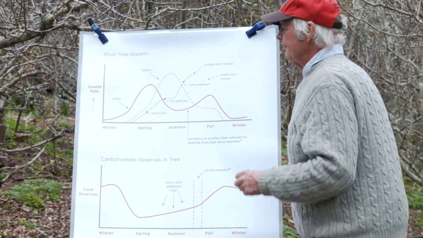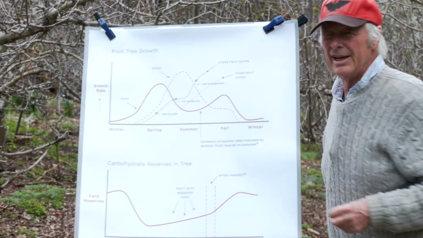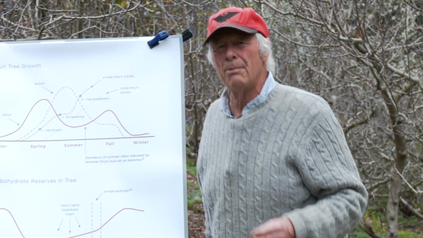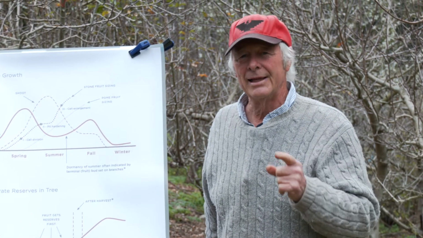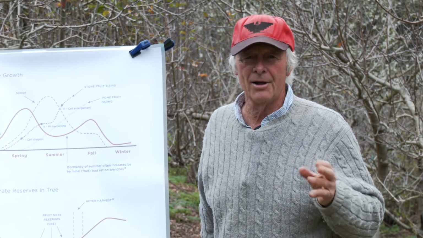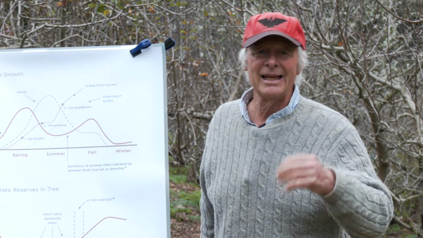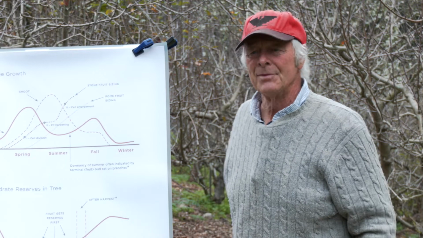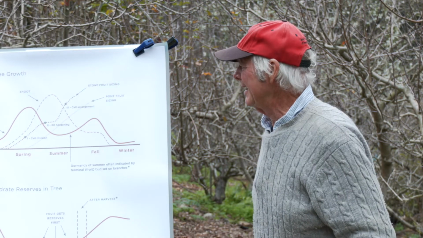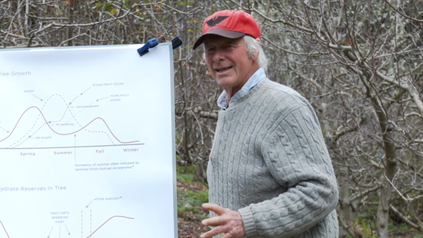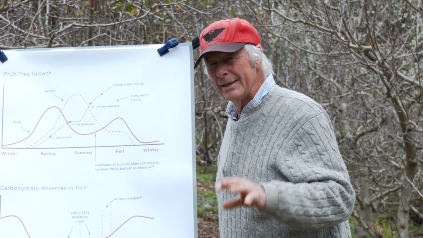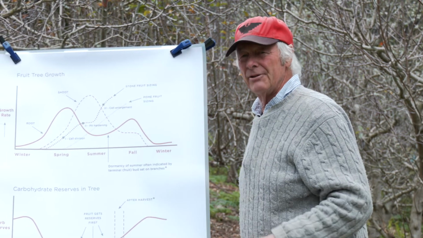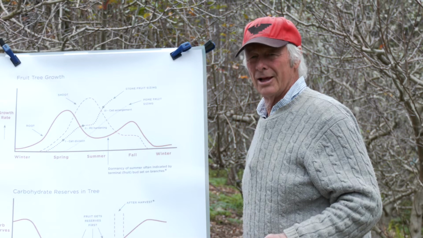And then the way it works in terms of the order of growth of the parts of the tree: roots, and then flowers, and then hopefully pollination and fruit set, and then leaf growth, and then branch growth like that. And in fact, one of the reasons I say trees aren't fully dormant in the winter is there's some root activity even in all but the coldest climates.